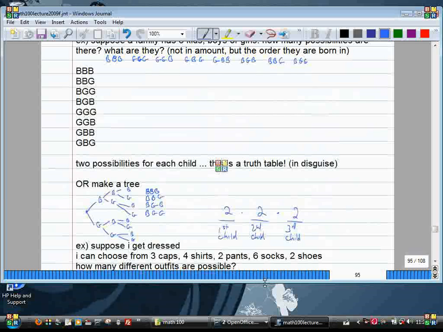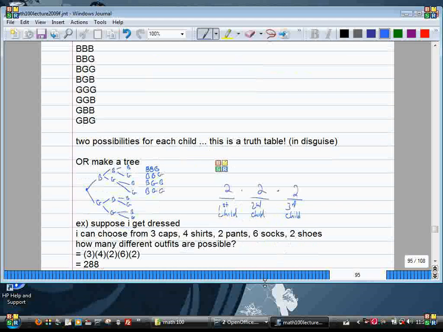Now you could draw it out, but do you want to? No, that would take a while. So the thing is to understand this basic principle, is that you can just do it as multiplication. You can get 288.